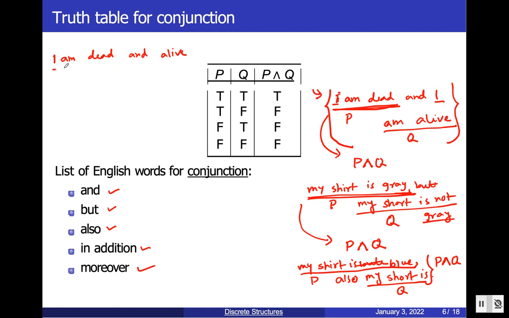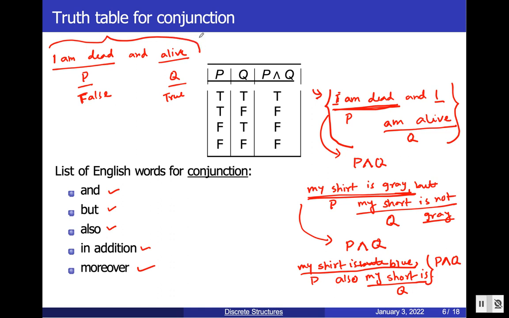The value of P is "I am dead" and the value of Q is "I am alive". Let's say P is false, I am actually not dead, and that means Q will be true. But altogether, if I think of it as a statement, is it possible?